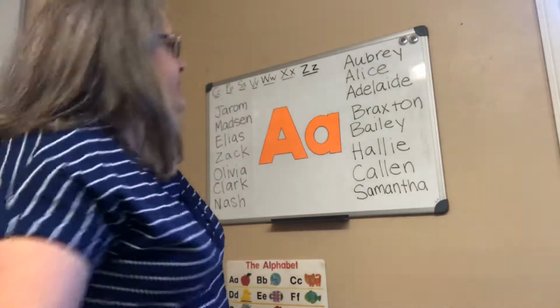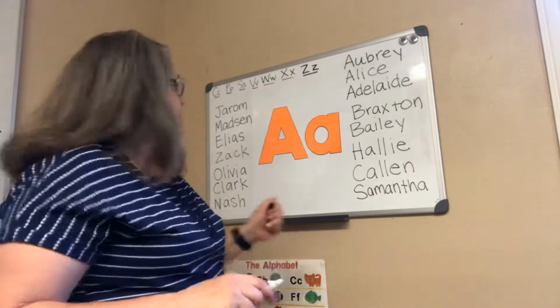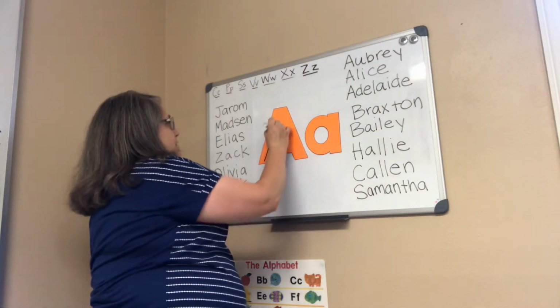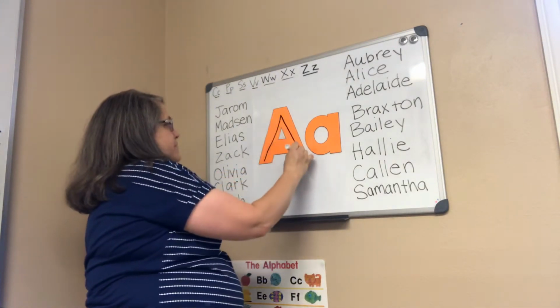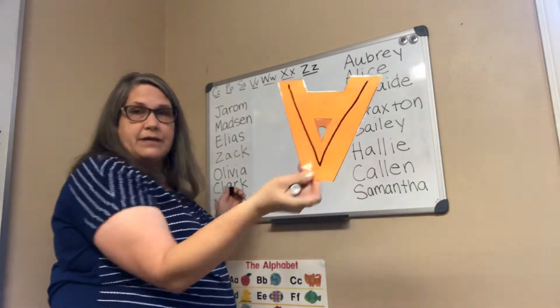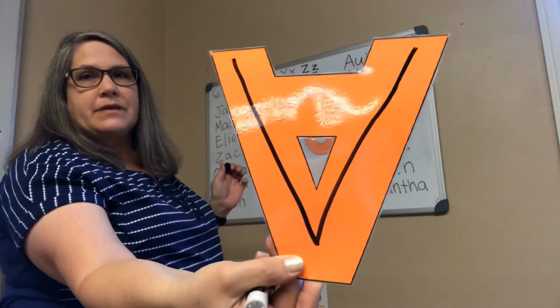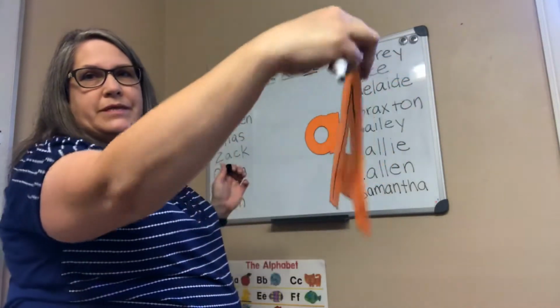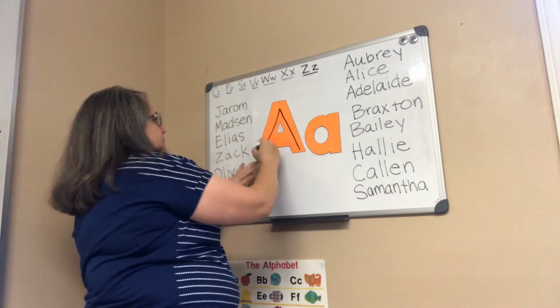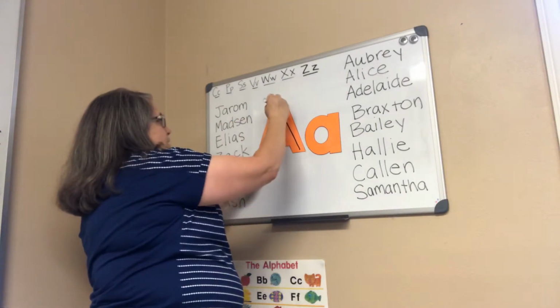So for one thing, uppercase A has an angle right there. So it's sort of like an upside down B. Can you see that? So it's an angle, except we do it this way. So we go slant up and then slant down.